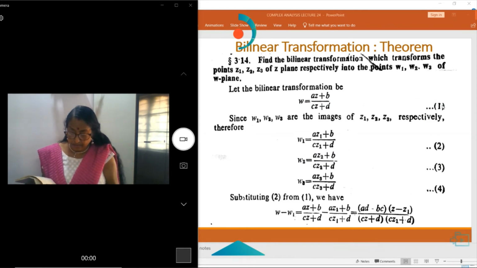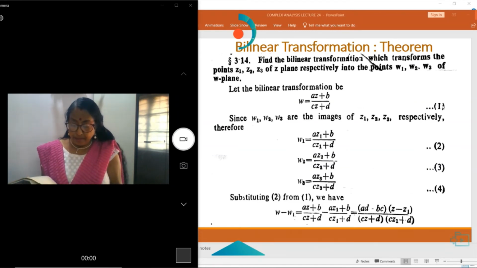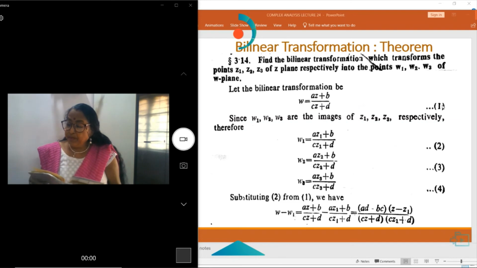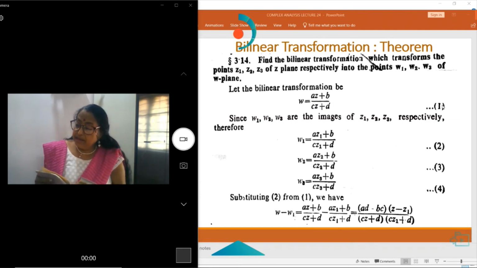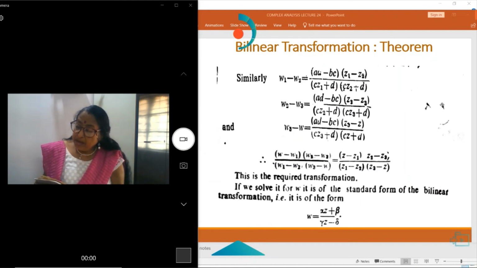So w1, w2, w3 can be found out by putting z1, z2 and z3 in place of z. Now w - w1, w1 - w2, w2 - w3 are all calculated, and then we get the left hand side equal to the right hand side. Thus, this is the required transformation.